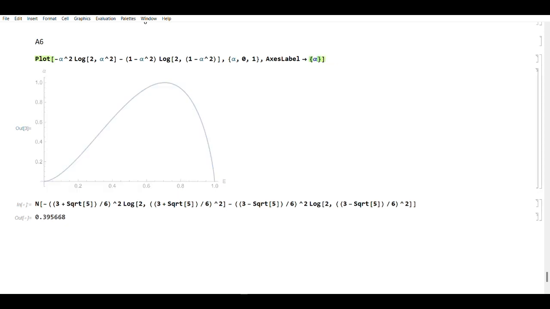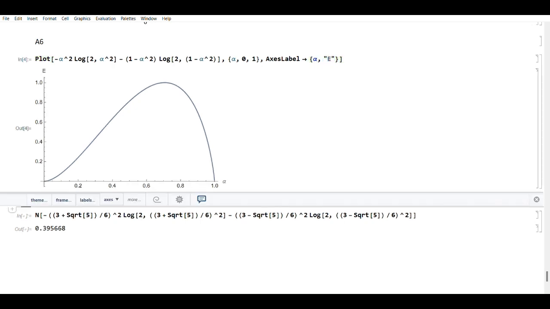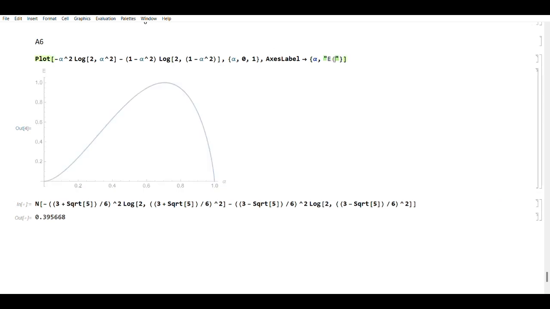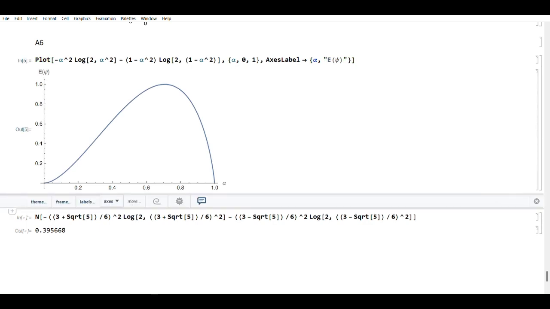How do I put the other label? Oh, it is coming out opposite. Okay, so first let me put alpha, then E. Yeah, so this is that.